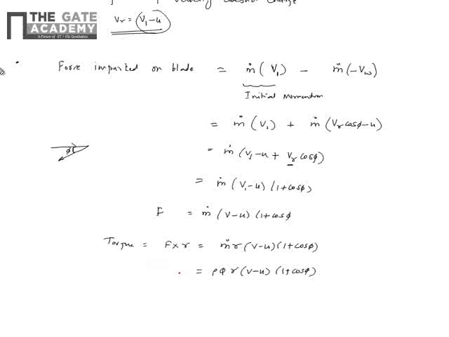This is the torque, and the power delivered by the fluid will be torque times omega, so that is rho Q r omega times v minus u times 1 plus cos phi. R omega I can write as u, so rho Q u times v minus u times 1 plus cos phi. So this is the power delivered by the fluid.